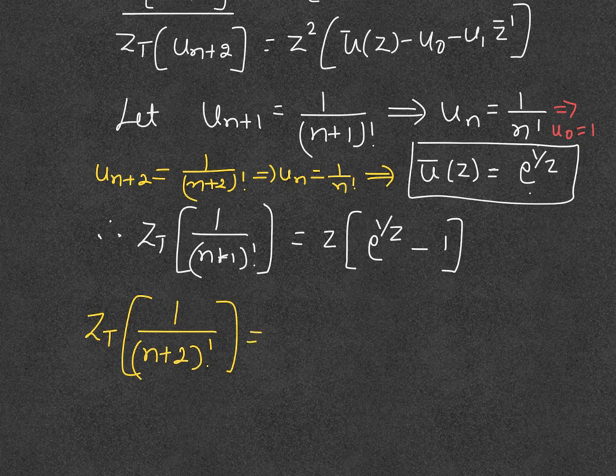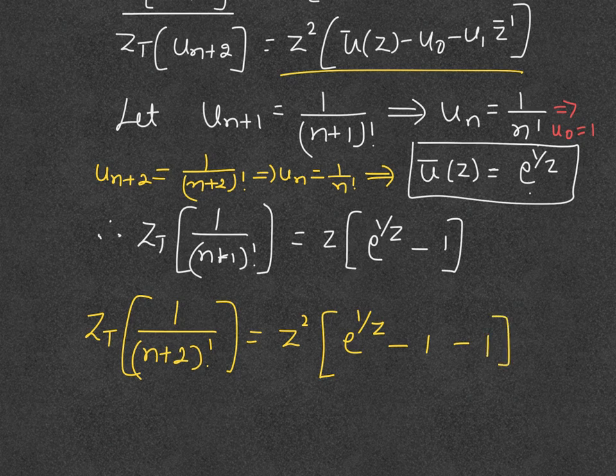So according to the result we have here, z square u bar z, nothing but e power 1 by z, minus u naught, which is 1, minus u1, which is also 1, because 1 by 1 factorial is also 1, into z power minus 1, which can be written as 1 by z. So this is the result of z transform of 1 by (n plus 2) factorial.